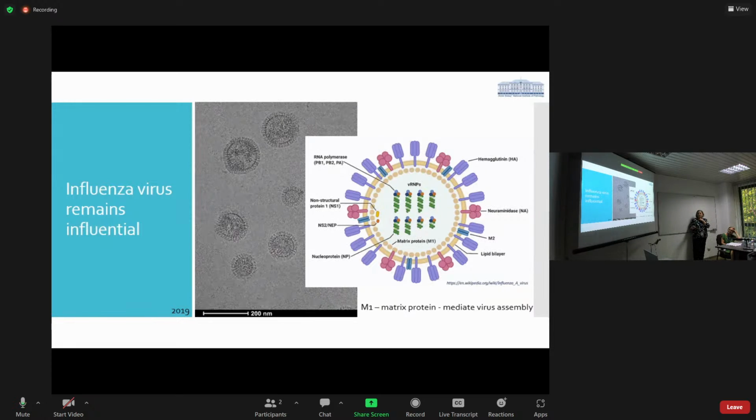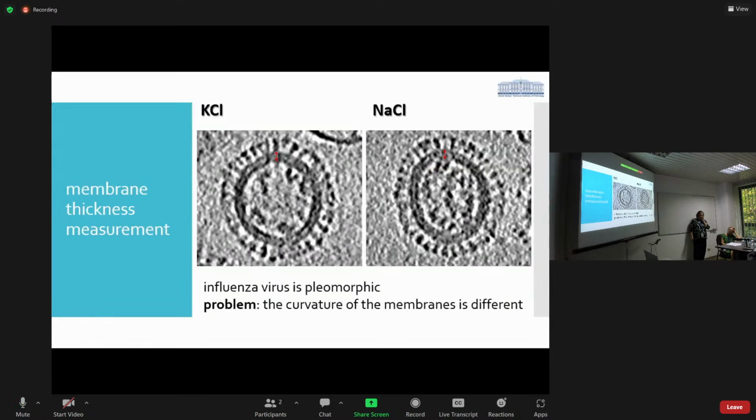In some conditions, it was supposed that there was a change in a particular matrix protein in influenza virus, and this modification of the M1 protein was suspected to generate a quite fragile membrane for the influenza virus vaccine.